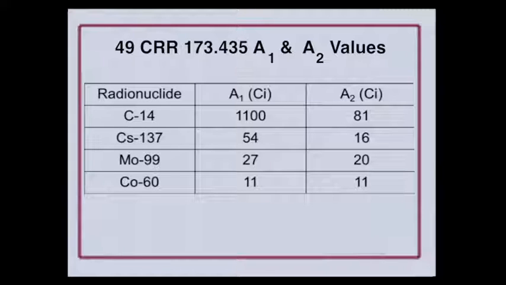Likewise for the others, until you get down to cobalt 60, and it really doesn't matter: 11 curies is the A1 and A2 value. Questions on A1, A2 values?